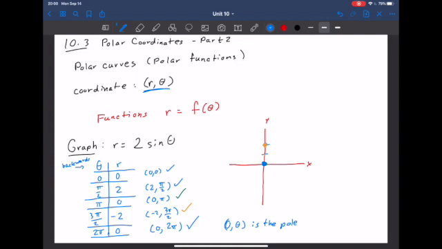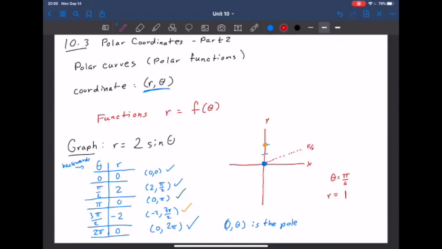Let's graph just a couple simple ones. Okay, let's graph pi over 6. If theta equals pi over 6, what's r equal? r is going to be 1. So that'd be along pi over 6. Let's say that's pi over 6.